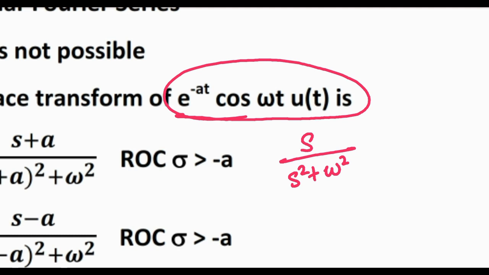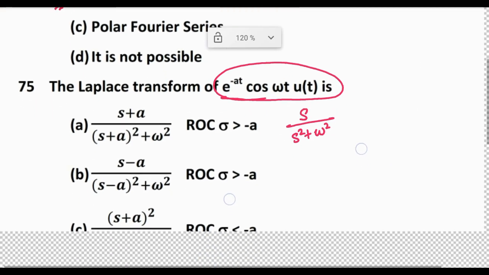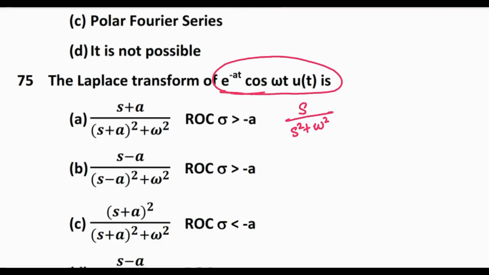That means this is frequency shifting. Frequency shifting means we have to put a shift of a in the frequency domain. So what will be the answer? The answer will be s plus a by (s plus a) whole squared plus omega squared.